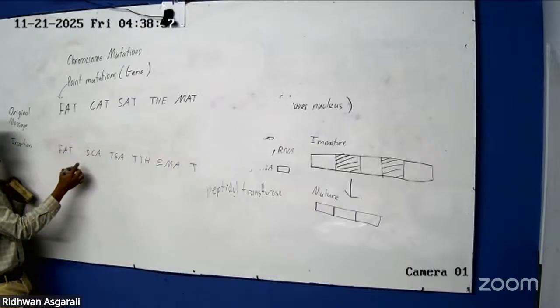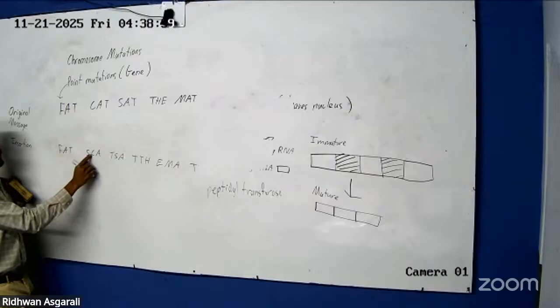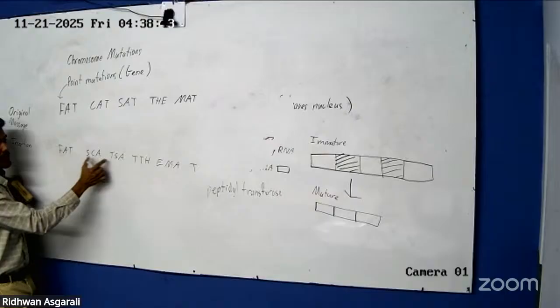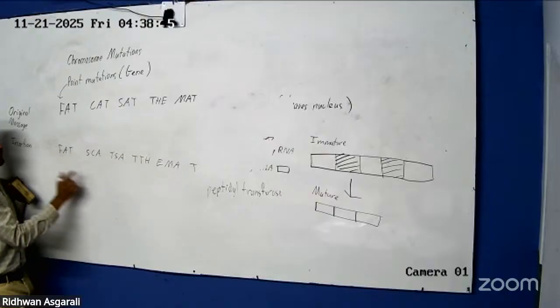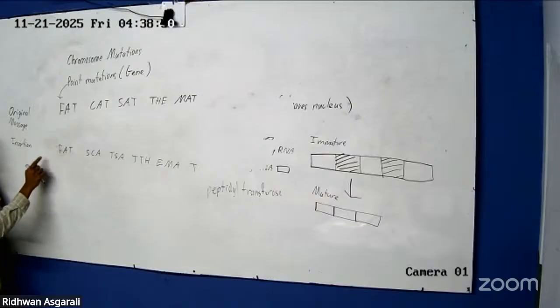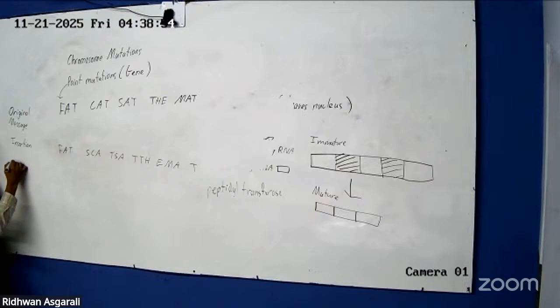So you all see how the insertion of one extra base could change the entire message, and you have to read it in triplets. So this is an example of an insertion of a base and how it could lead to a mutation.